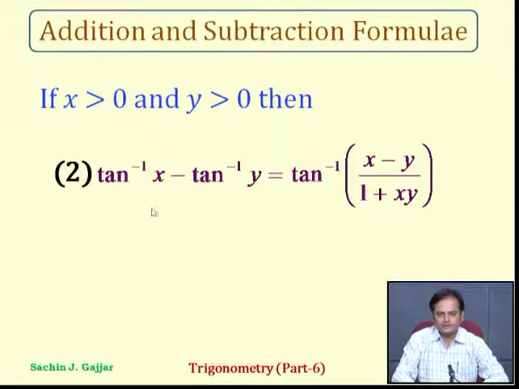This is the formula known as the subtraction formula. We will also use this formula in our examples. We are not going to prove this formula. We will accept this formula without proof. So try to remember this formula. These are very important for you.